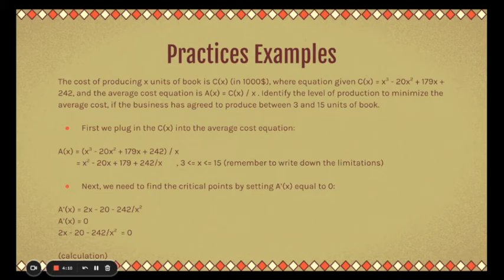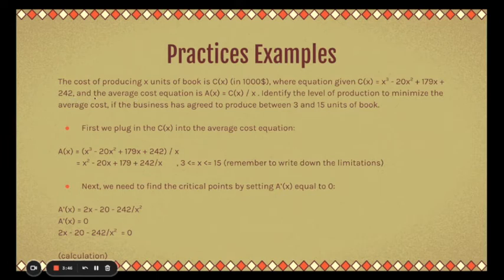So practice example. The cost of producing x units of books is C(x), in $1,000, where the equation is given: C(x) equals x to the power of 3 minus 20x to the power of 2 plus 179x plus 242.